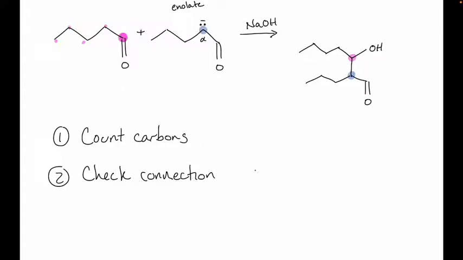It should be between an alpha carbon and a carbonyl carbon. And then lastly, again, specifically for these reactions, we can check our spacing of our oxygens. They should be 1, 2, 3 carbons apart from one another.